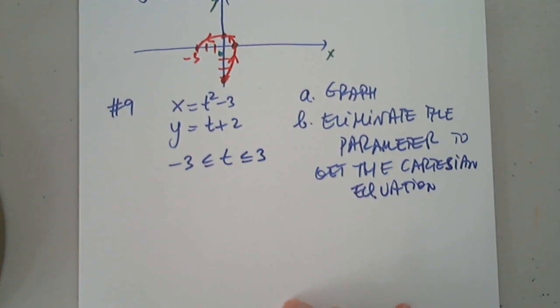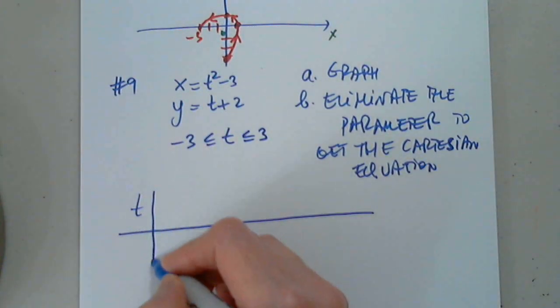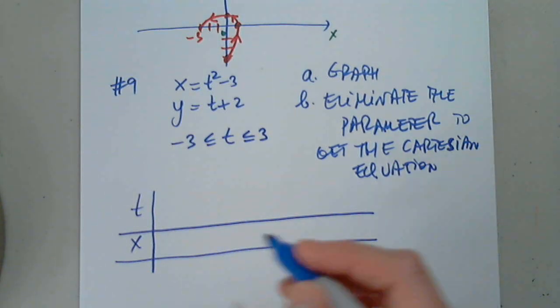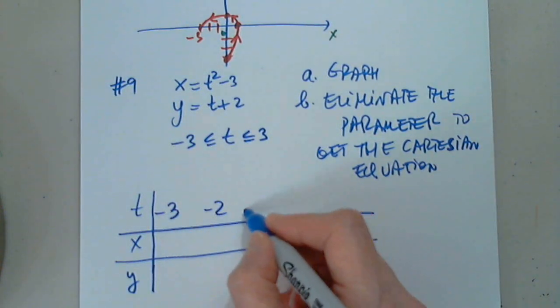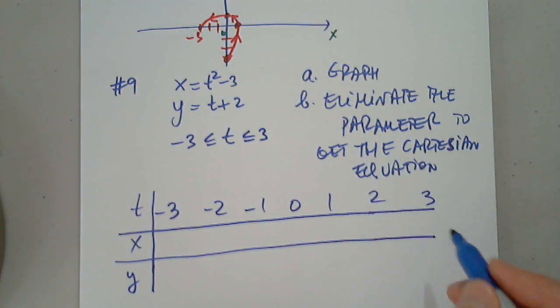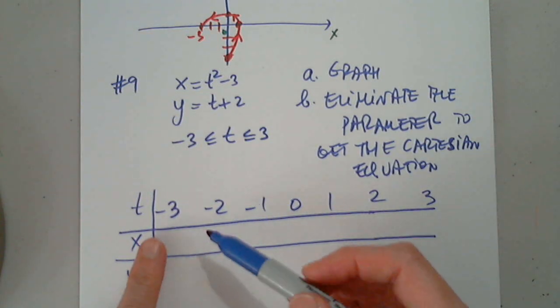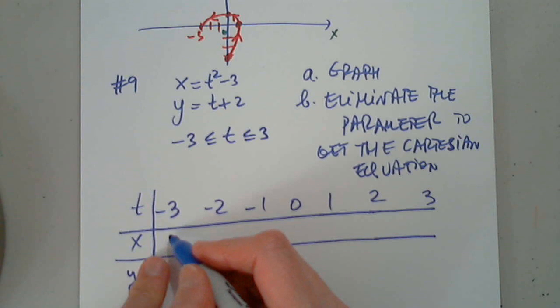Okay, so let's start with the graph. Of course, t is first, the parameter, and then x, and then y. Specifically, we're told -3, -2, -1, 0, 1, 2, and 3. When t is -3, 9 minus 3 is 6.